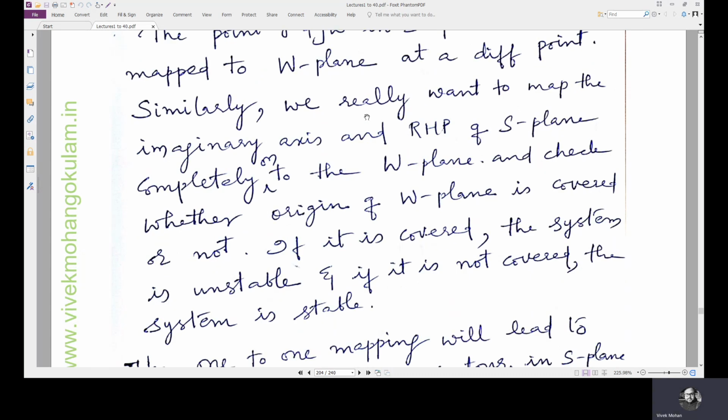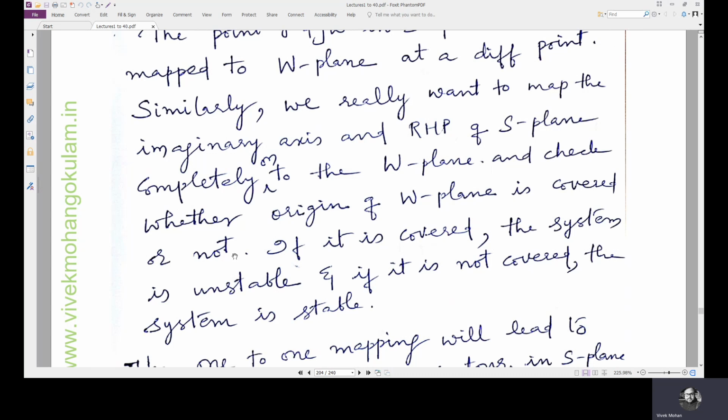Now I'll repeat these sentences. We want to map the imaginary axis and RHP of the S plane completely to the W plane to check instability, right? So whether the origin of the W plane is covered or not. If it is covered, the system is unstable, and if it is not covered, the system is stable.